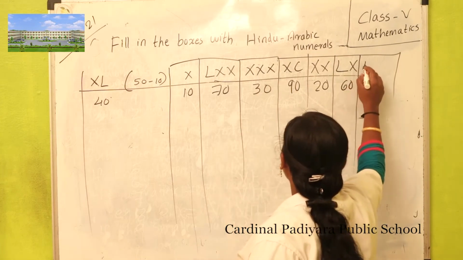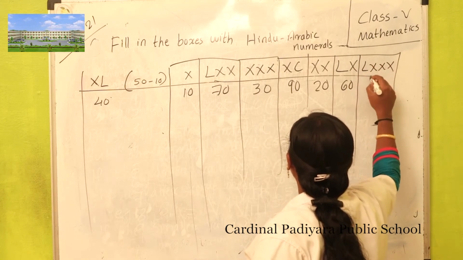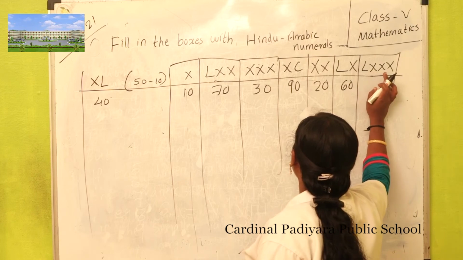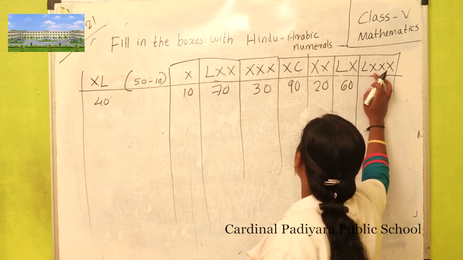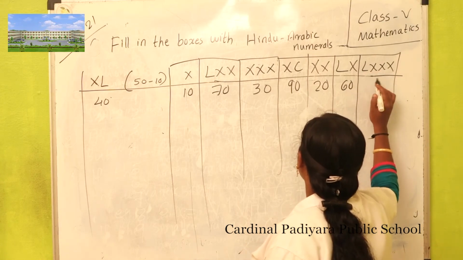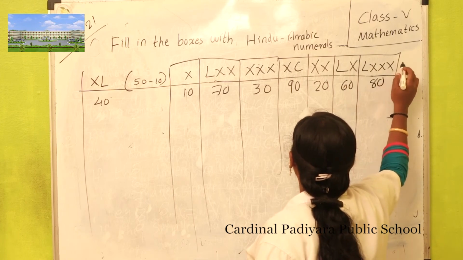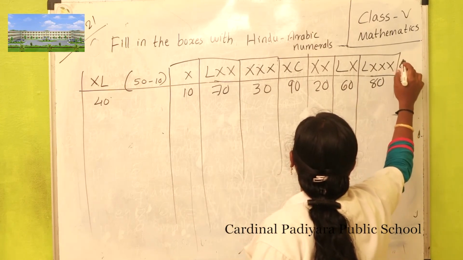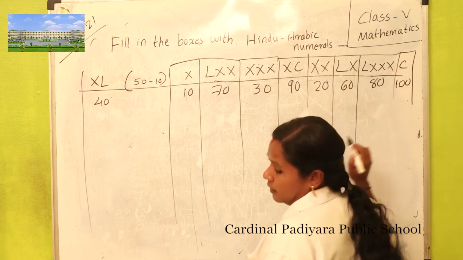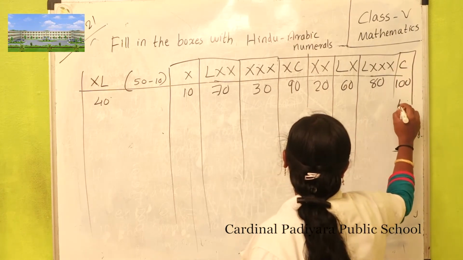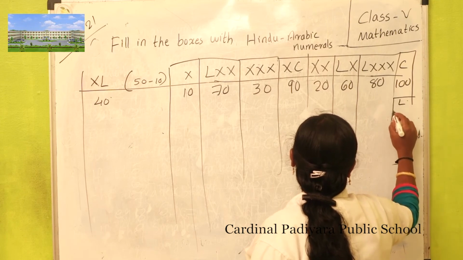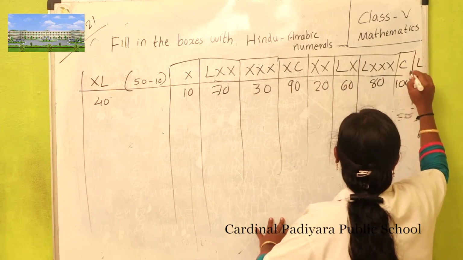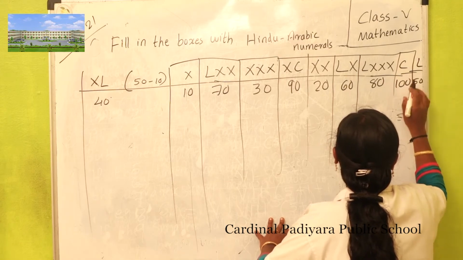Then LXXXX, L 50, X 10, then 50 plus 10, 60, plus 10, 70, plus 10, 80. Then C 100 and last one L 50.